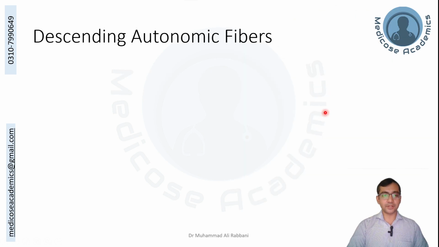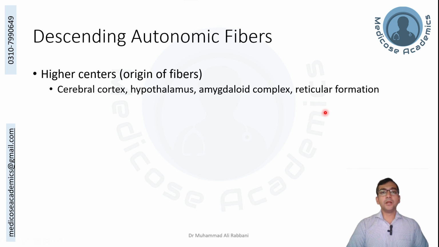Descending autonomic fibers originate from different parts of the brain, the cerebral cortex. Some are coming from the hypothalamus. Keep that in mind. A lot of them are coming from the hypothalamus, and when we study the hypothalamus, we will see that there are different areas dedicated to giving signals for the sympathetic system, and areas dedicated to the parasympathetic system.